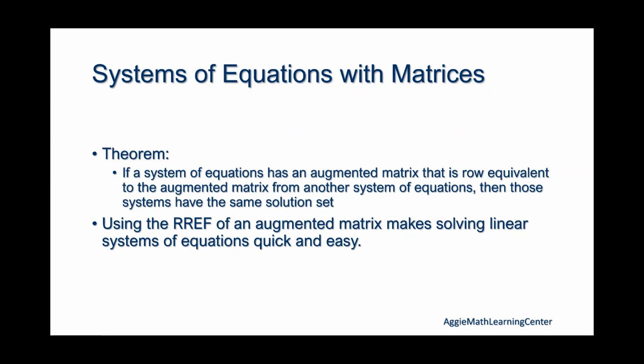Like it says here, the theorem: if a system of equations has an augmented matrix that is row equivalent to the augmented matrix from another system of equations, then those systems have the same solution set. That probably sounds really weird.